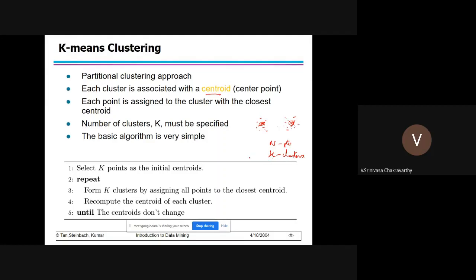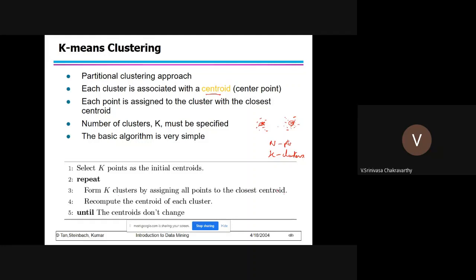Then you can allocate data points to the centroids by the nearest neighbor criterion. That is, take any given point, see which of the centroids is closest to it, and allocate it to that. Like that, you can divide the data set into k clusters. So that is the first step: form k clusters by assigning all points to the closest centroid.